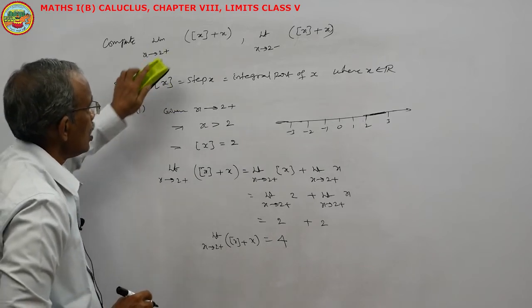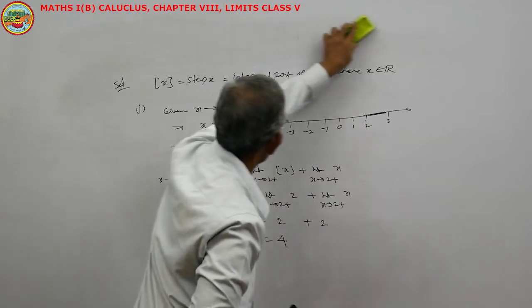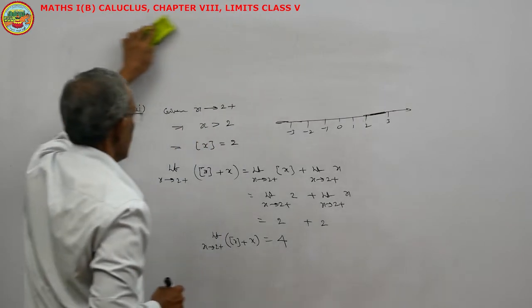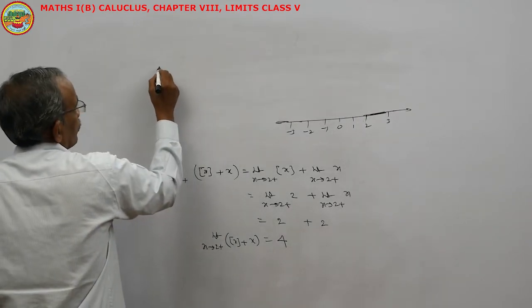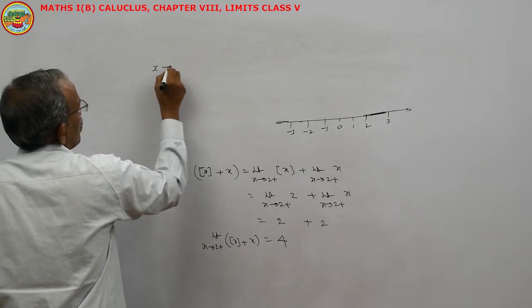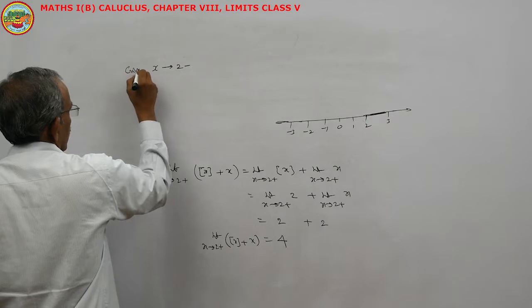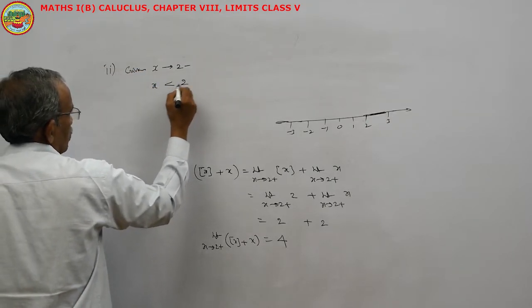This is the first one. And the second one: given that x tends to 2 minus, 2 minus means x less than 2.